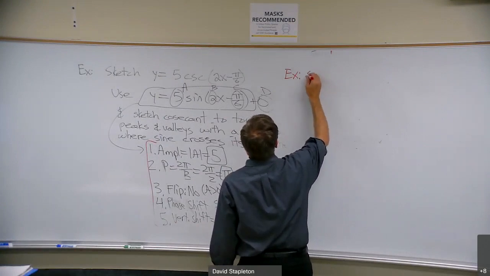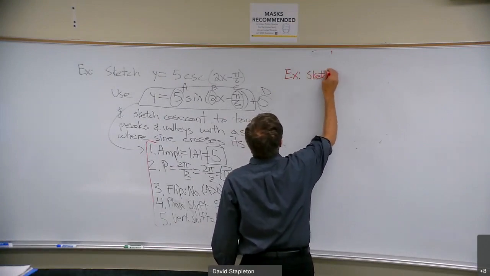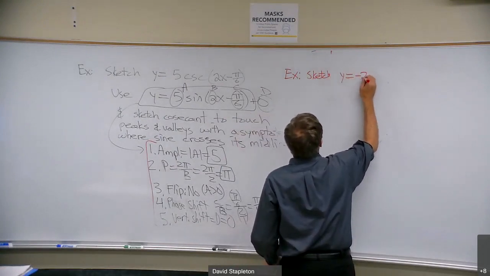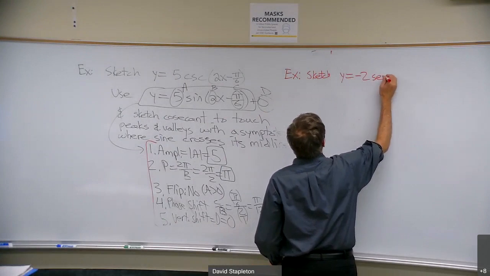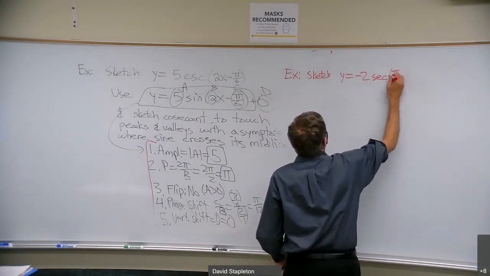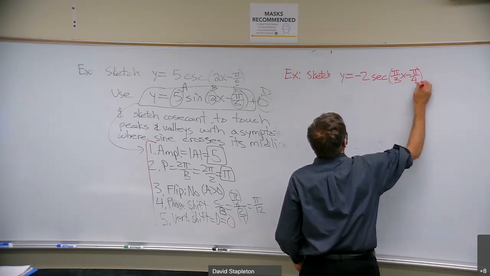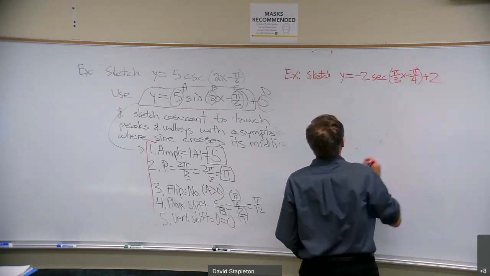So suppose I said this one, sketch y equals minus 2 times the secant of pi over 3 x minus pi over 4 plus 2.